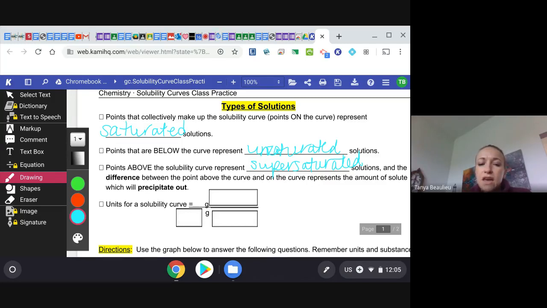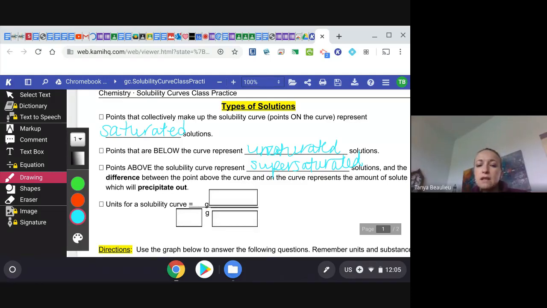So because it's got that extra solute in it, if you disturb a supersaturated solution, it will recrystallize out of solution. I still need to show you that demo there for supersaturated. I have the solution here. I just haven't made a video of it yet, so I'll definitely put that out hopefully by tomorrow.